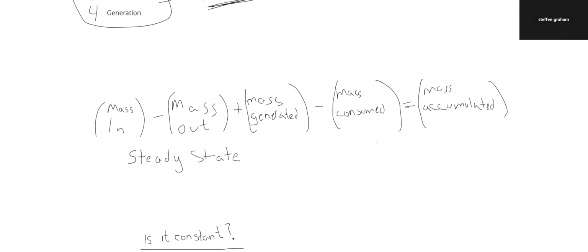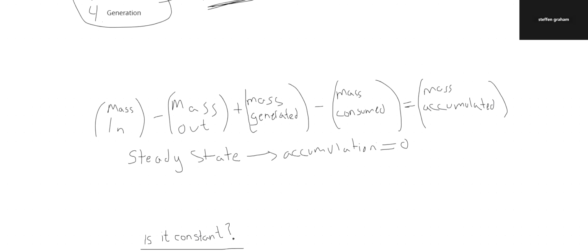So we have steady state, and in this situation, your accumulation term is equal to zero. So this term goes away. That term goes away. This one, that goes away. It's equal to zero. You're definitely going to see this a lot. Steady state. We prefer things to be in steady state.